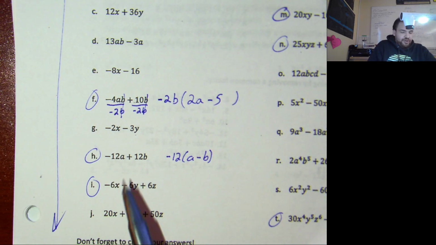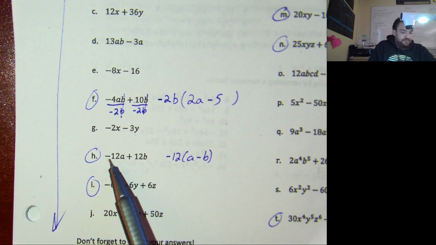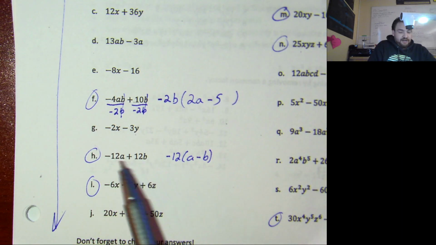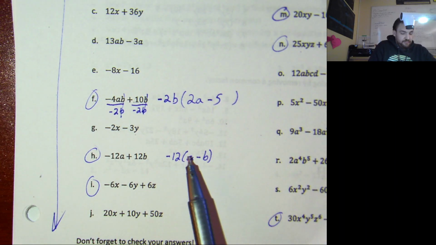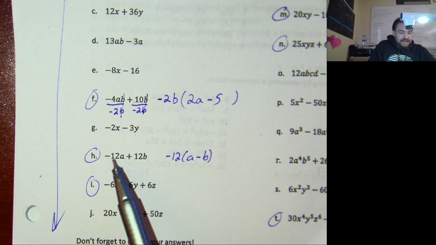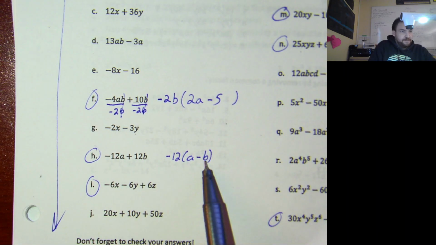You did it the other way. Yeah. Well, the biggest number that comes out from 12 and 12 is 12, and I want my leading coefficient to be positive, so I'm going to divide out the negative here. I want my first term to be positive, so I'd factor out the negative with my GCF. That's going to give me negative 12 a minus b.